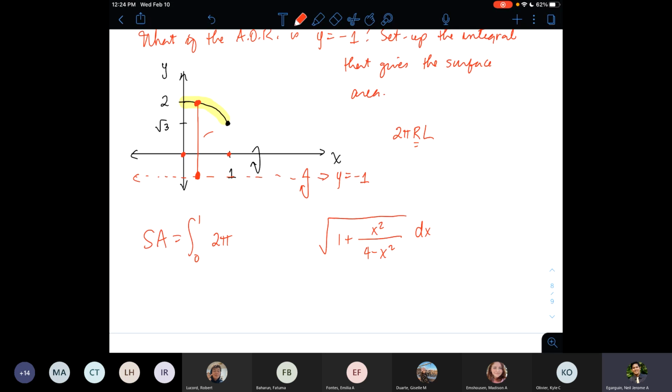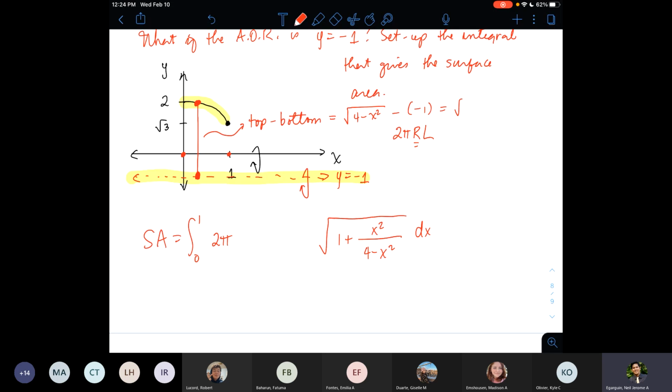But notice that this length is just the length of a vertical strip. And remember, we compute the length of a vertical strip by using our mnemonic top minus bottom, right? The top function is the square root of 4 minus x squared. The bottom function is the AOR, and the equation of the AOR is y equals -1. So we have minus -1.